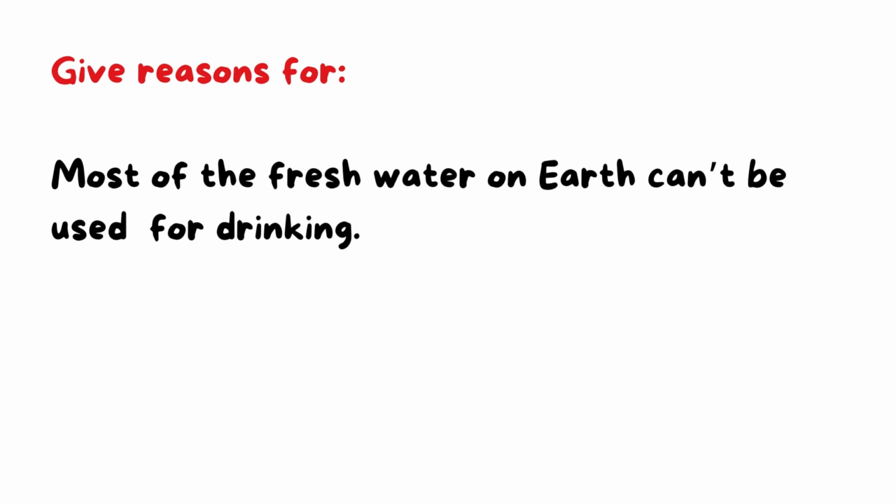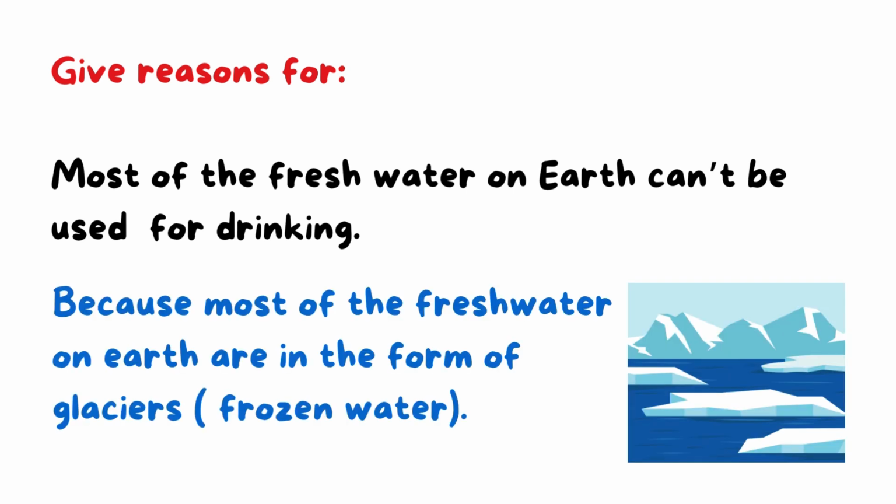Why? We studied that most of the fresh water found on Earth is found in the form of glaciers, yes, in the ice form, frozen water. So this form can't be used for drinking, okay.